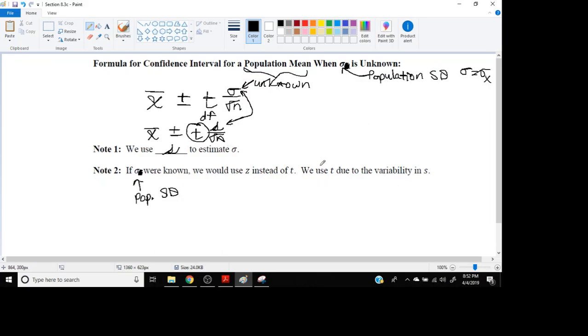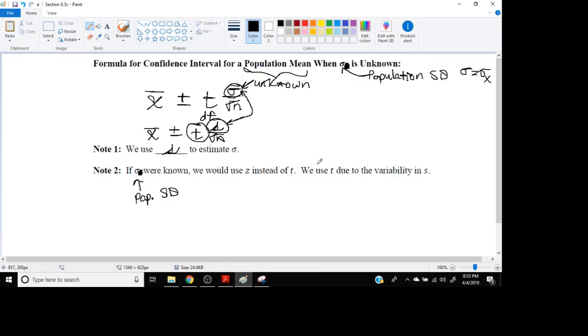And again, the reason why we use a t is because there is additional variability added into our confidence interval when we use this as an approximation for our sigma here, all right? And so we can no longer use a z here. We have to use t so that it can add some variability to our sampling distribution, okay?